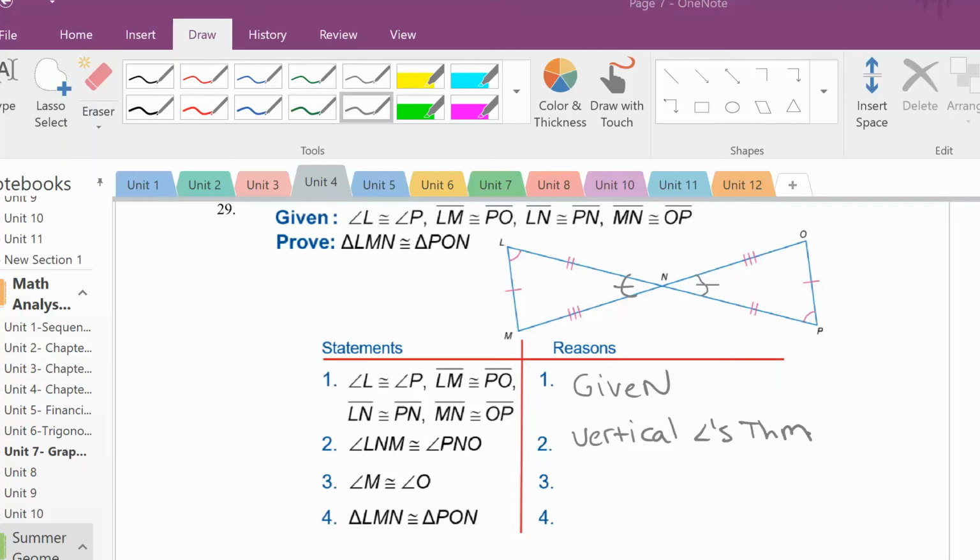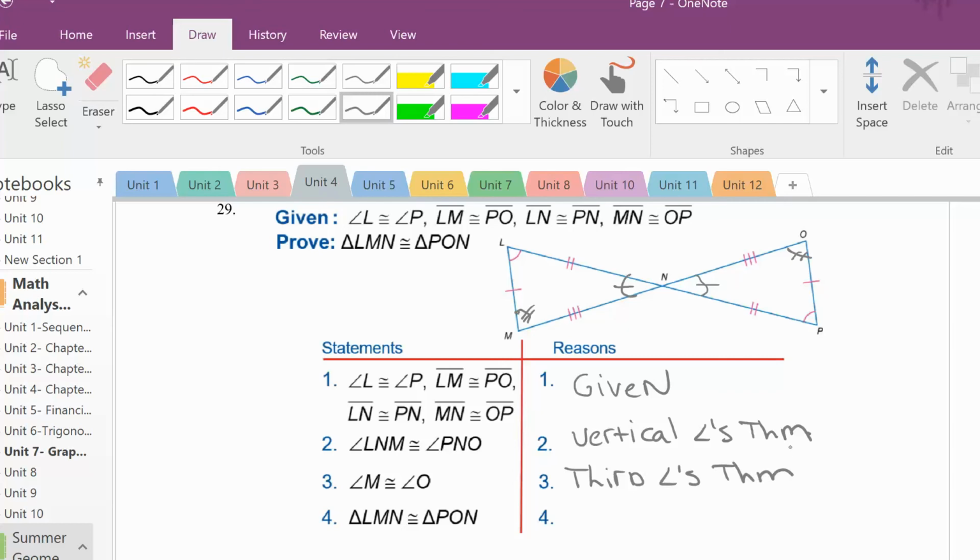Then it says angle M is congruent to angle O. And the reason for that, well, if you prove that two angles of one triangle are congruent to two angles of the other, then the third angles are congruent. So this is the third angles theorem.